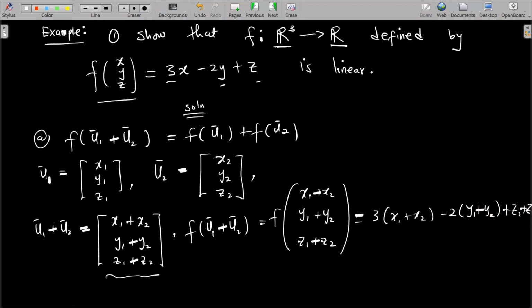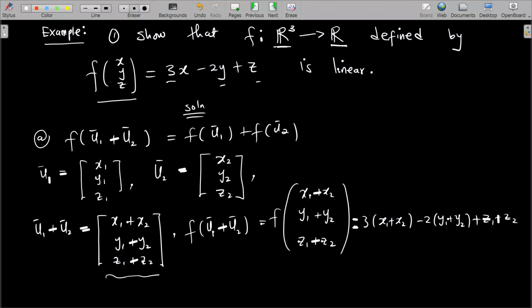Okay, let me erase these and, sorry. Okay, let me rewrite them. So we have 3 times the x component, which is x1 plus x2, minus 2 times the y component, plus z1 plus z2.